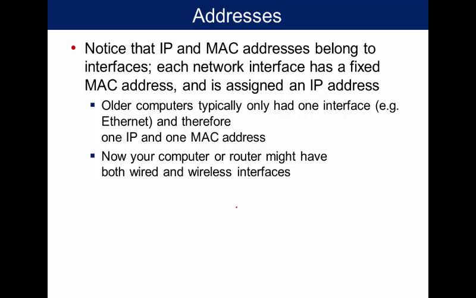IP and MAC addresses belong to the interface. So look at the interface, it has that information. Each network interface has a fixed MAC address and is assigned an IP address.